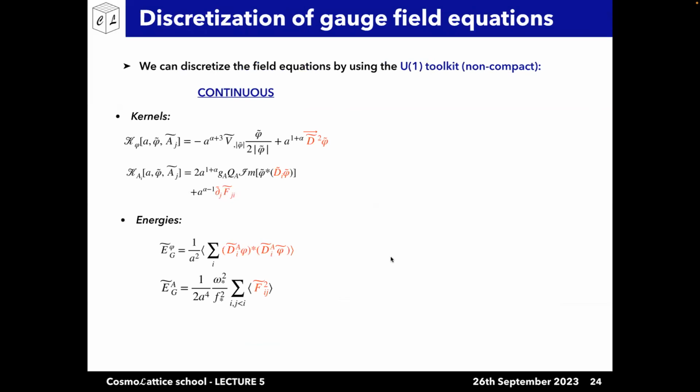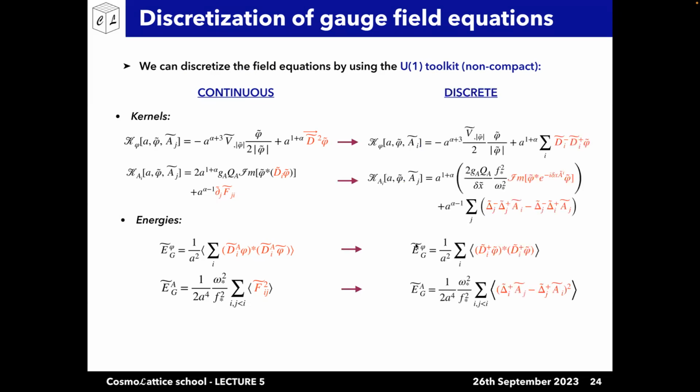So basically, we have done this in the continuum. Then in the discrete, what can we do? We can directly apply the U(1) toolkit in order to discretize the kernels and the energy components, right? With equivalent expressions on the lattice that are gauge invariant and recover the continuous expressions up to second order.